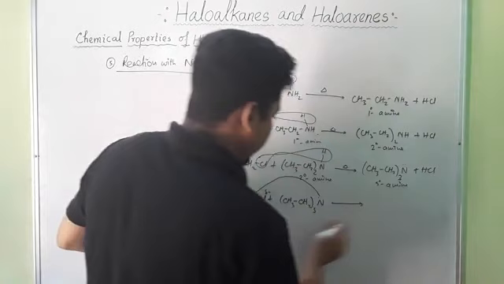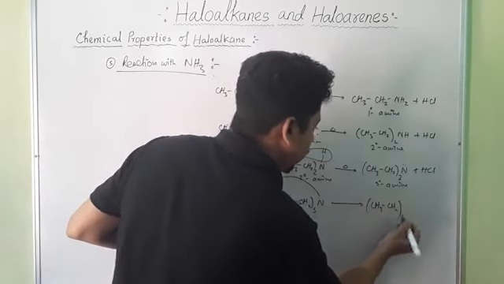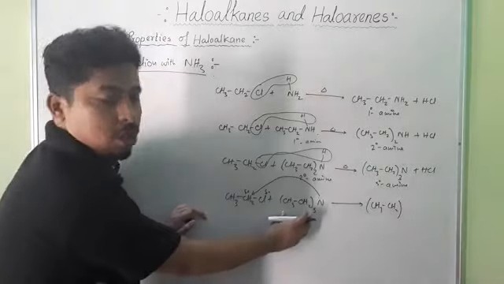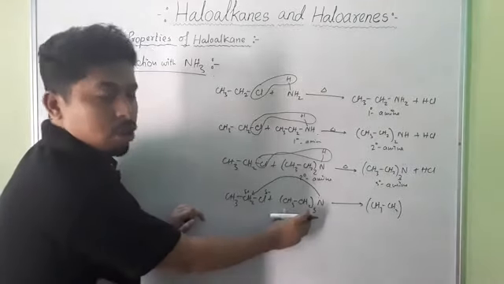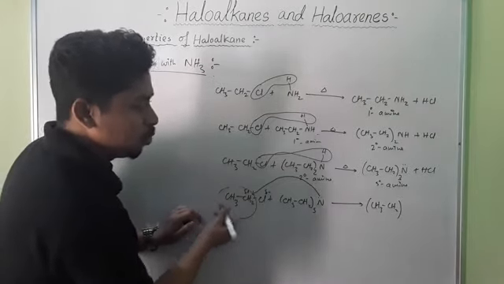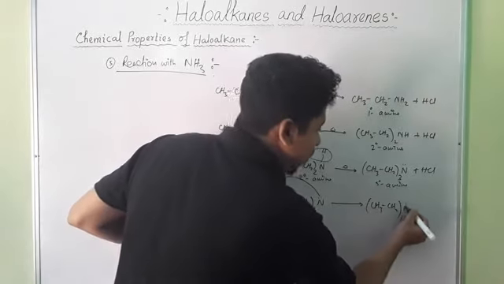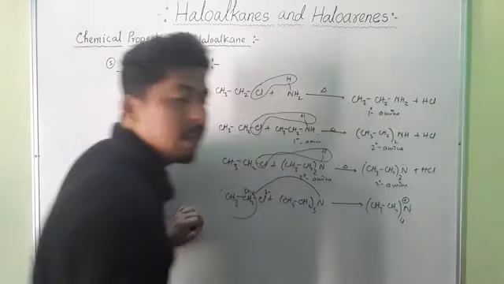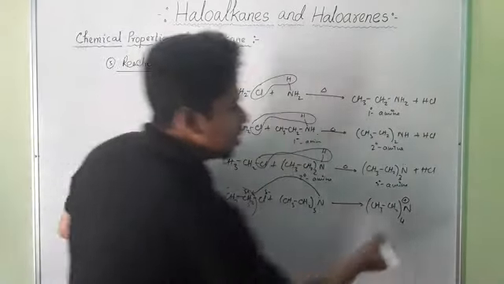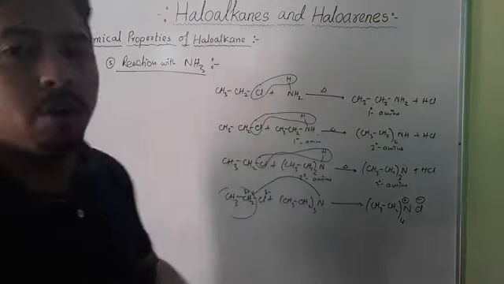So it will give CH3CH2. Here you see previously it had 3 groups, the CH3CH2 groups. Now it is attaching another group, so it will become (CH3CH2)4, and here N plus, because nitrogen is donating its own electrons, N plus Cl minus. So it will remain as an ion.